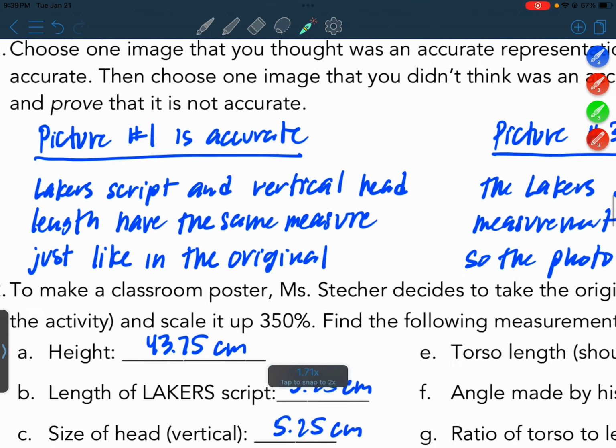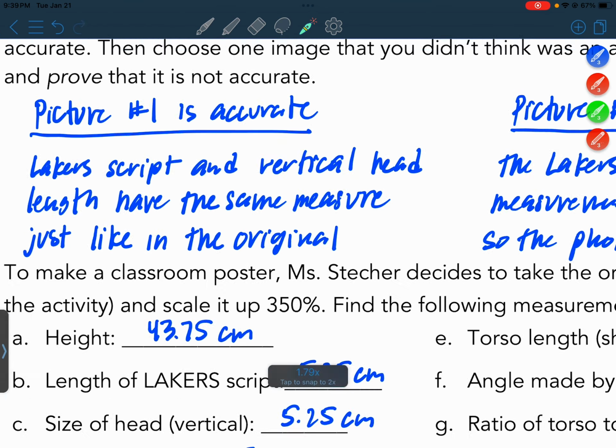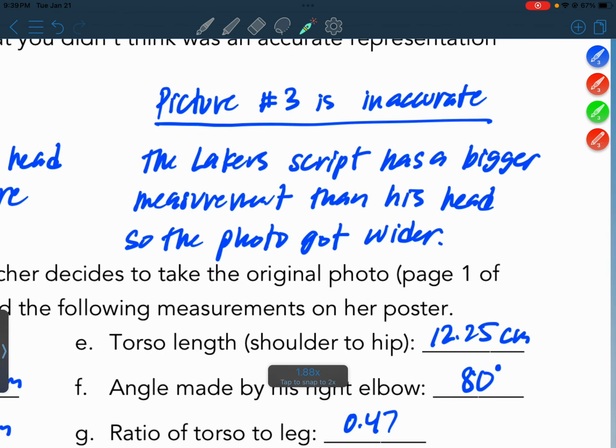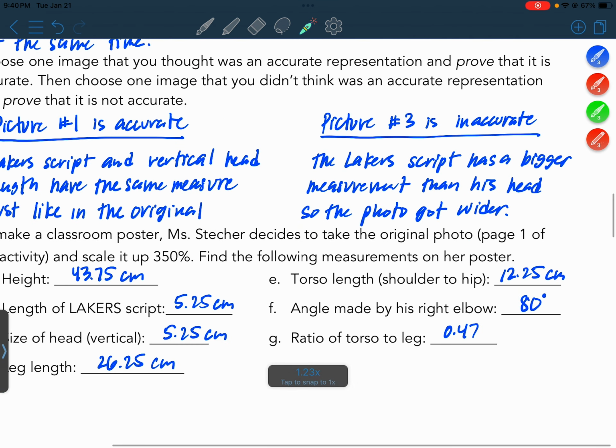And in picture number 1, those two things had the same measurement. Now, picture 3, when I measured the word Lakers and his head, they were not the same measurement. In fact, the word Lakers had a much bigger measurement, which told me that the photo got wider more than it got taller. So it was stretched in the horizontal direction.